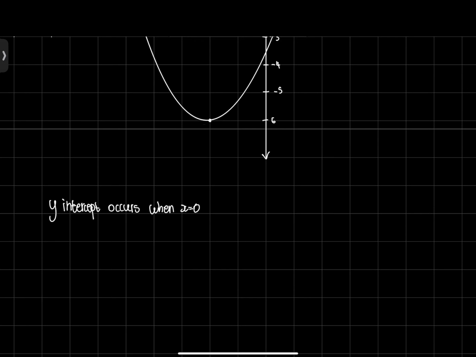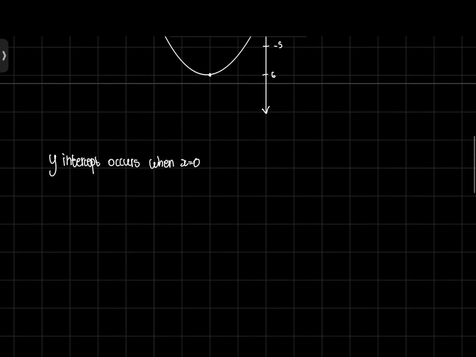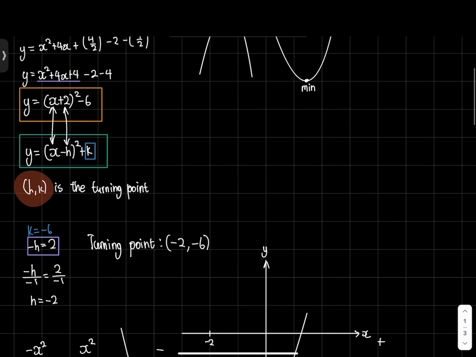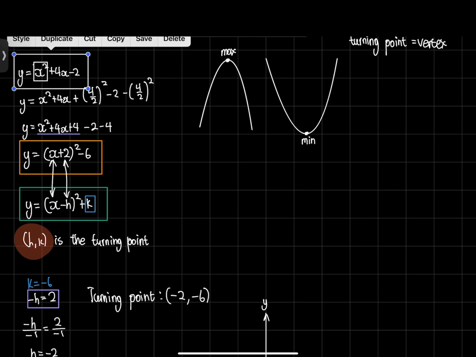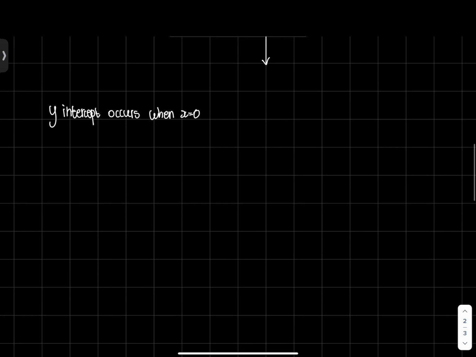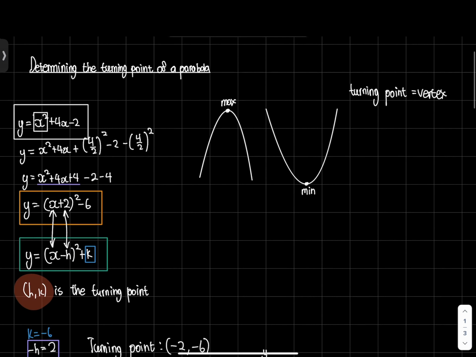So if the question asked you to find the y-intercept of this particular equation, we would just sub 0 into the whole thing. So y is equal to 0 squared plus 4 bracket 0 minus 2. Is that the original equation?